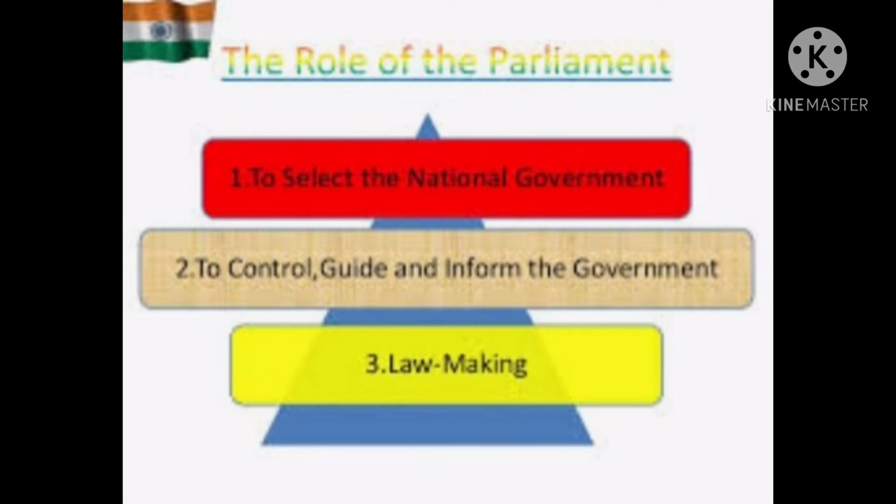One of the most important functions of the Lok Sabha is to select the executive. The executive is a group of persons who work together to implement the laws made by the parliament.